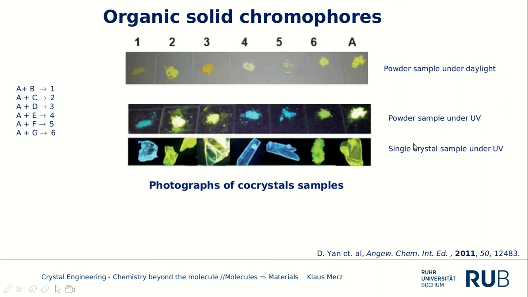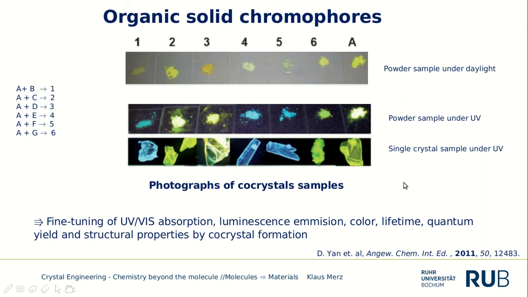And also single crystals, once again with daylight, and here very nicely under UV conditions. And very nicely, you can use halogen bonding to tune the luminescence emission. You tune the color, and have a look in this contribution, you can tune the lifetime and so on. Nice example for crystal engineering, successful crystal engineering.